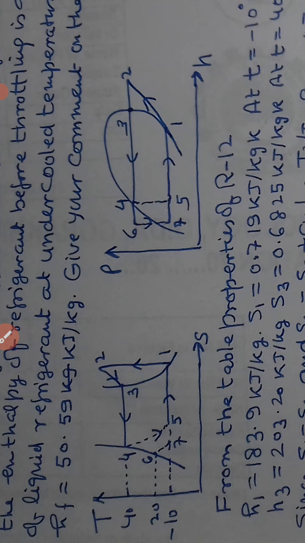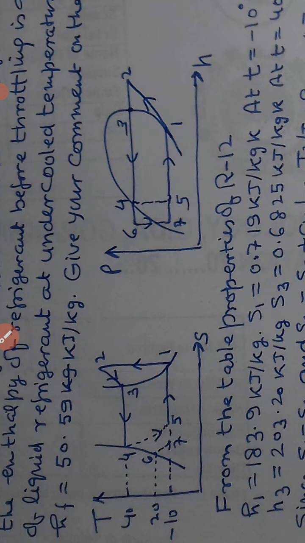On the TS chart, from 1 to 2 is a constant entropy process, 2 to 3 is desuperheating, 3 to 4 is condensation, 4 to 5 is a constant enthalpy process inside the expansion valve, and 5 to 1 is the evaporation process.